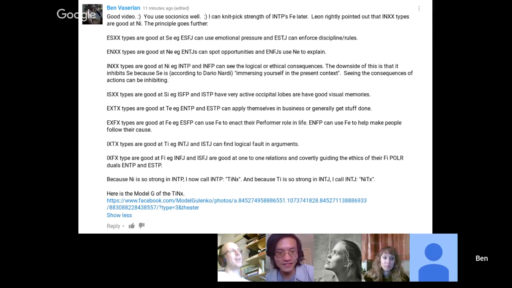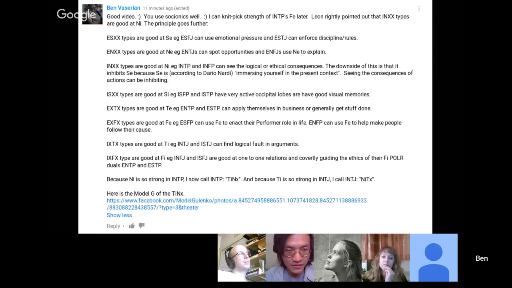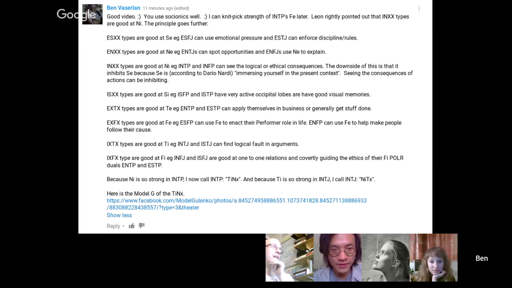Yeah, this is Model G, so it would be Model G. Okay, and ESFJ is good at SC, can use emotional pressure. In what way would you like me to comment on these? Well, is it true? Because this is something that I put in my own words. I'm just wondering if you agree with them. I mean, yeah, I would agree.